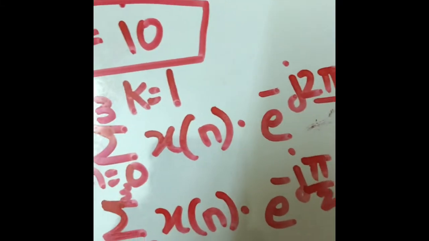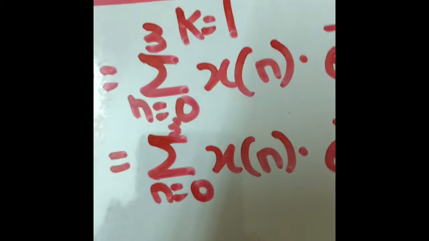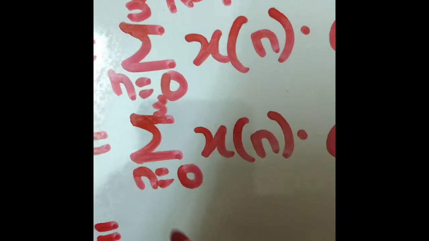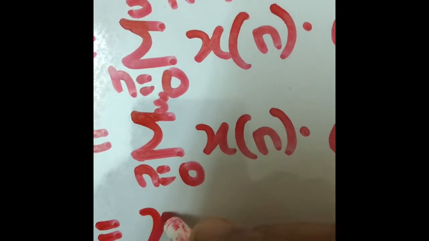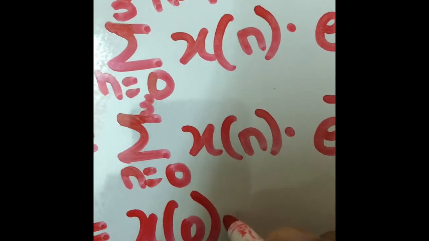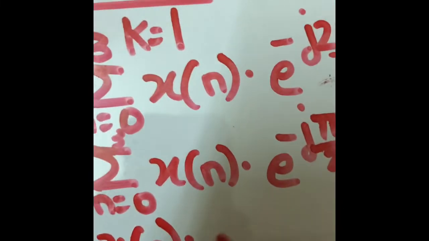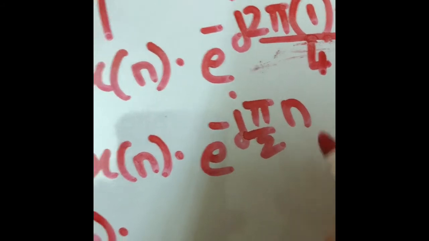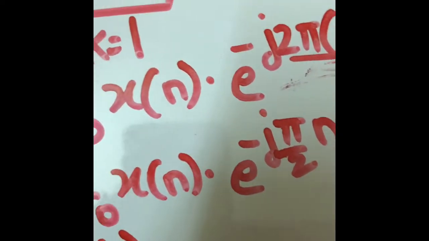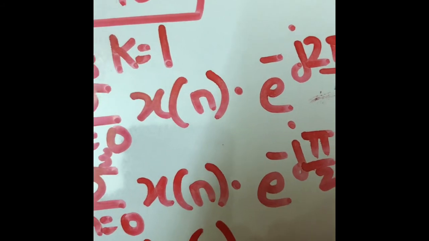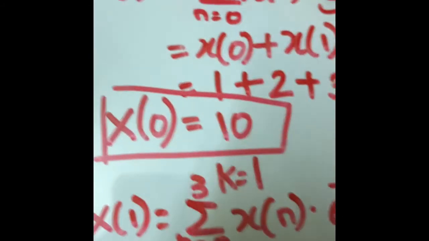So now we have to open up the summation which is with respect to n. So x of 0 into, here n will be equal to 0. For the first value, n is 0, so e raised to 0 is equal to 1. So into 1. I am directly writing the value, I am not substituting the value of n.